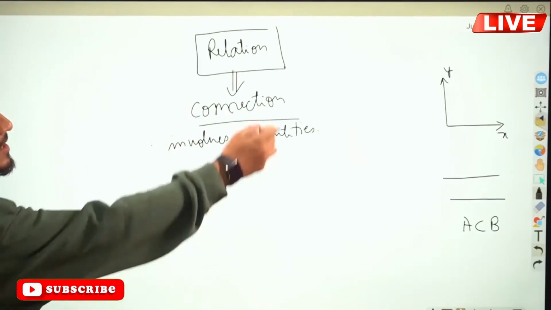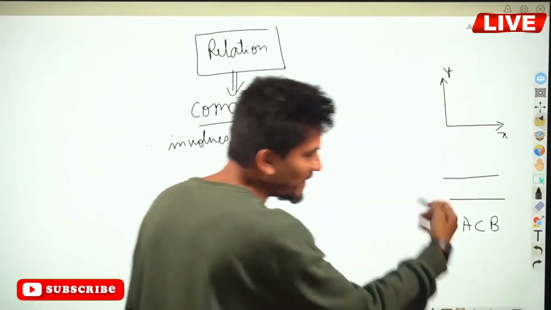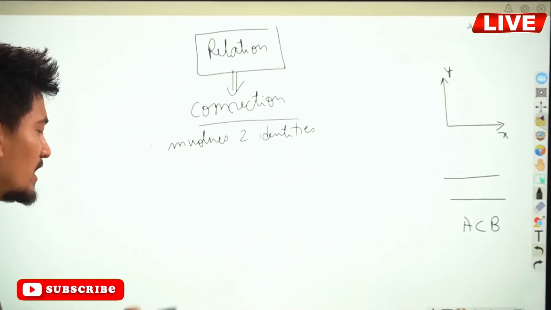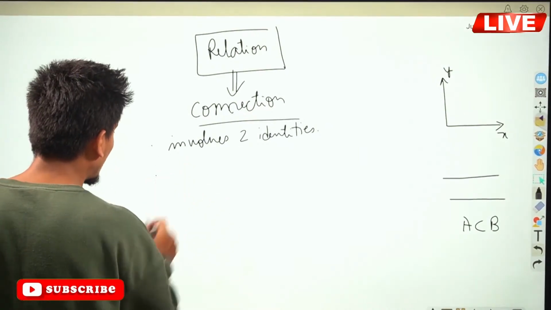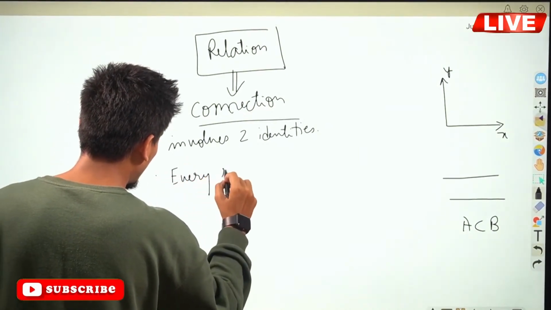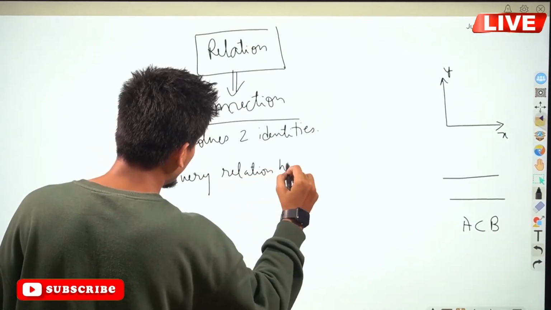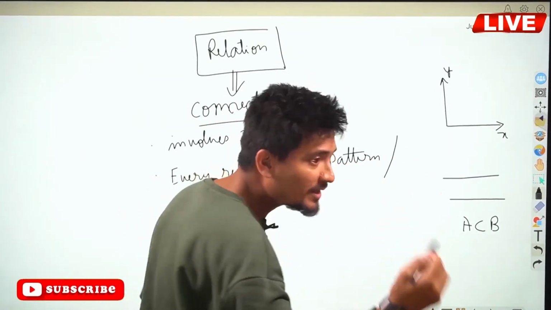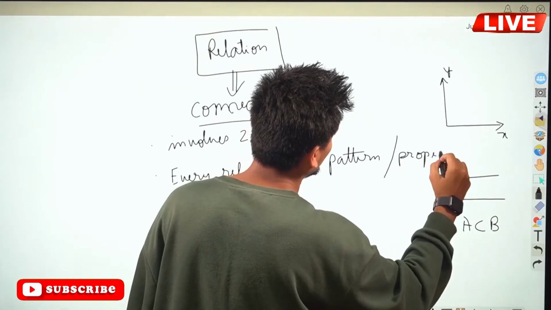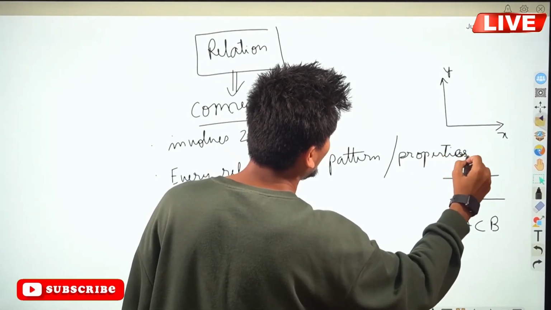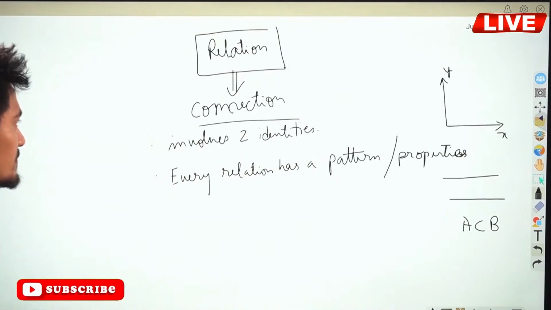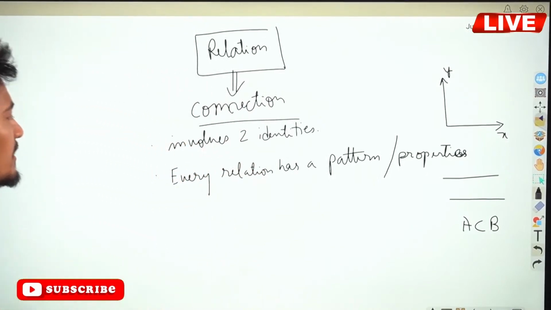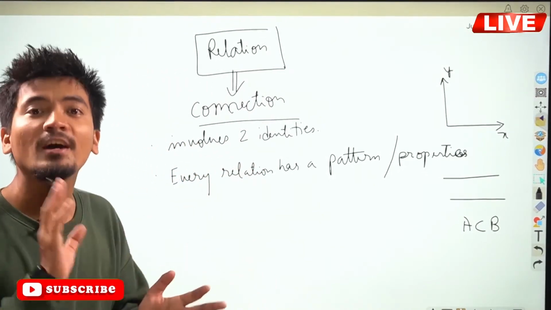They are not the same. This is perpendicular, this is parallel, this is subset. So all the relations are unique. So therefore, we can say that every relation has a pattern, or they have unique properties. So relation means it involves two identities, and every relation has a specific pattern.